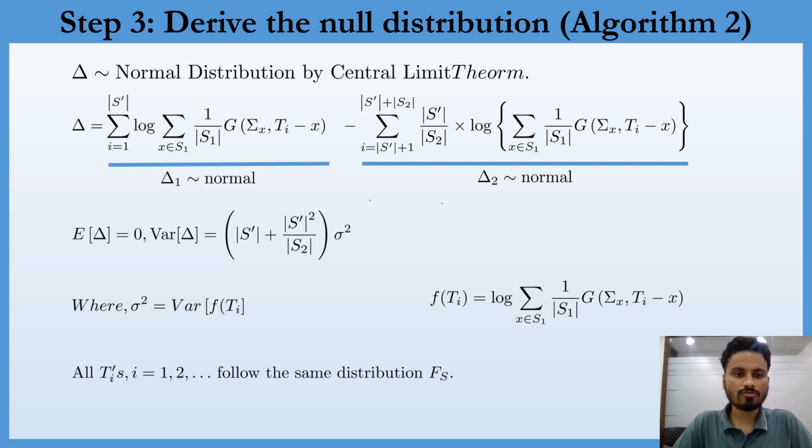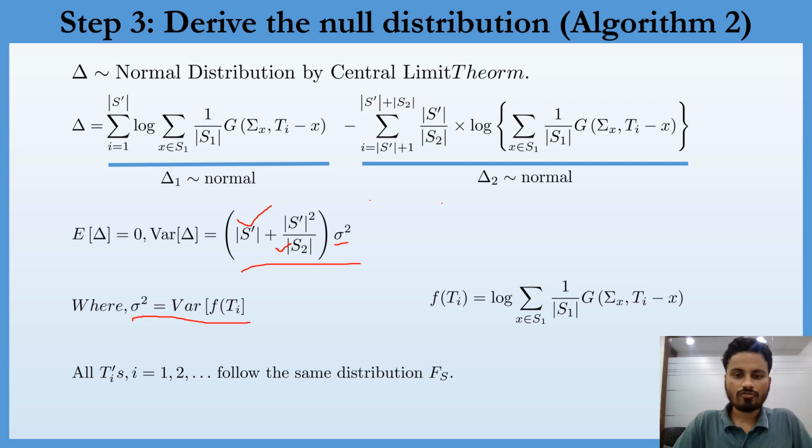Its variance is given by this variance term, which is a sum term multiplied by the sigma square term. This is the length of S dash, which is known to us. This is the length of S2, which is also known. Sigma square is this term. So sigma square is basically the variance of f of ti.